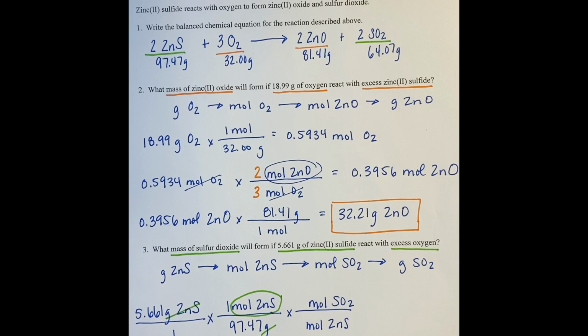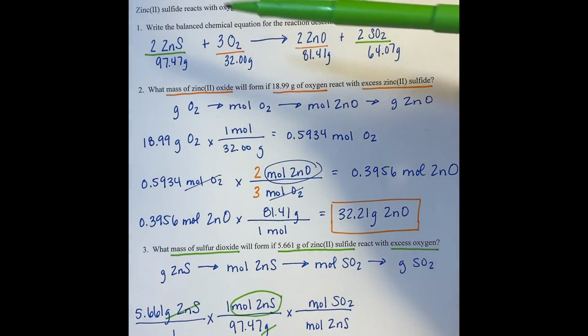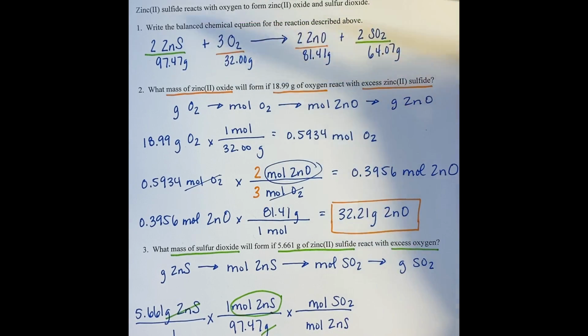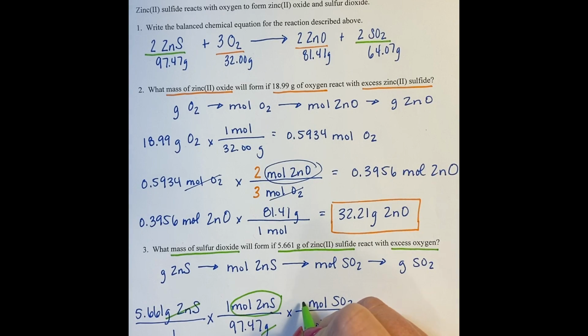To determine this conversion factor, I go back to my balanced chemical equation, where I see that 2 moles of zinc sulfide relate to 2 moles of sulfur dioxide. So I have a 2/2 conversion factor. You can reduce that to 1/1 if you'd like, but that conversion factor will always be the coefficients from the balanced chemical equation, so you don't have to reduce it if you don't want to.